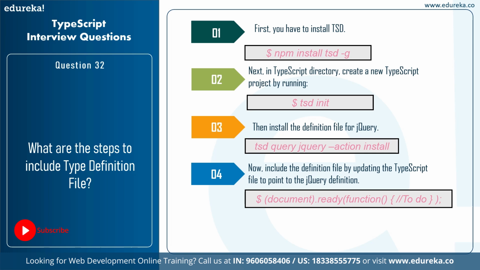So for that, you have your reference path, suppose typings/jquery/jquery.d.ts. Then you have to write $(document).ready function and then whatever you have to perform inside this. Finally, you have to compile it again. Now this time the JS file will be generated without any error. Hence, the TSD helps us to get the type definition file for the required framework. So these were the different steps involved in including the type definition file.